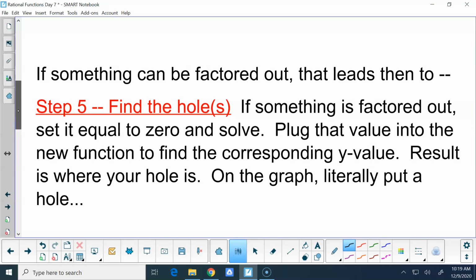That's going to give us an x value, the x part of our hole. We're going to plug that value into our brand new function, not our old function, because we'd get a denominator of 0. That gives us the corresponding y value for our hole. So on the graph, we literally put a hole in that position.